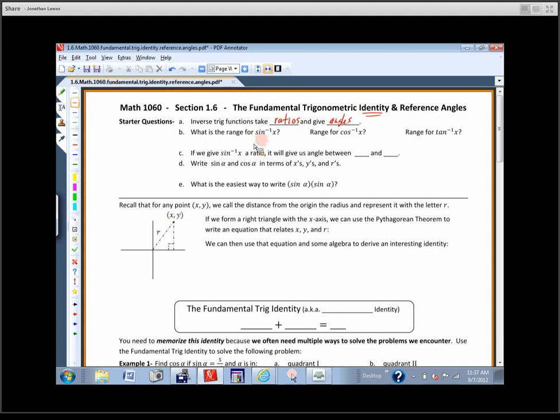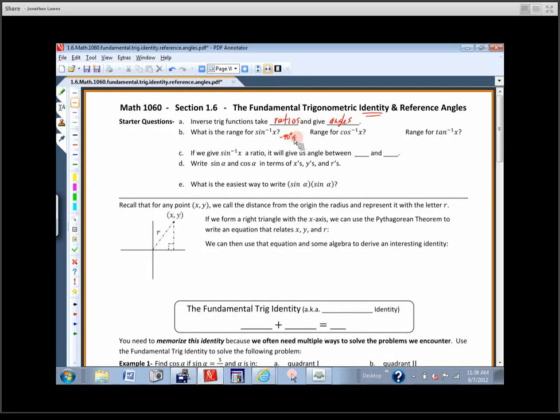What's the range for sine inverse? In other words, if we put a ratio in there, it's going to give us an angle back. What is the range of angles that it gives us? David? Negative 90 degrees to 90 degrees.